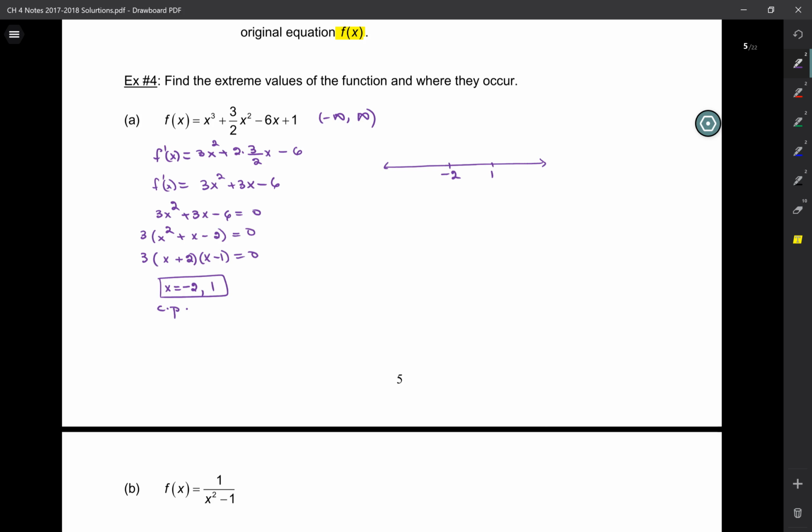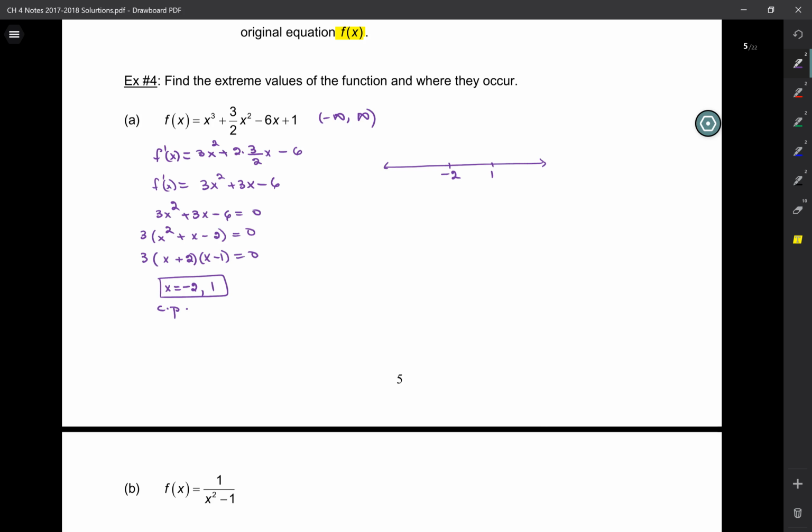Okay, now we're going to test points from each region. Okay, you see how you have 3 regions here? What's the number in that region? -3. We're going to plug -3 into f prime of x.